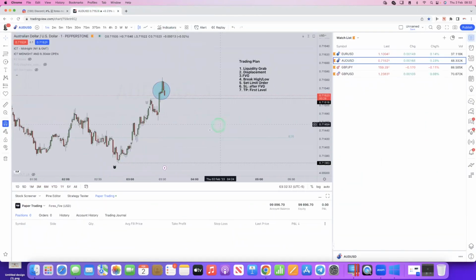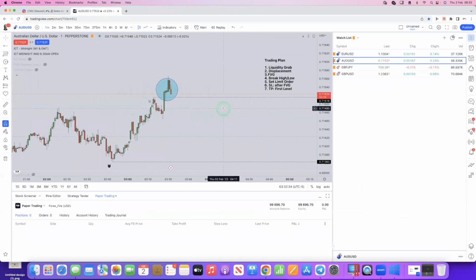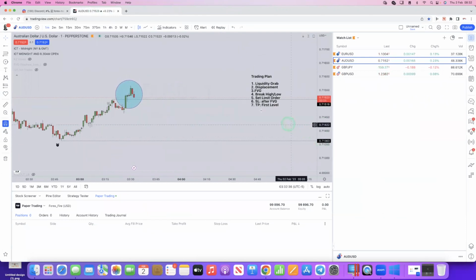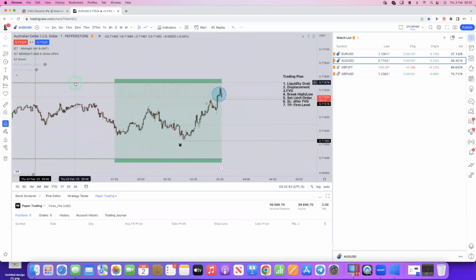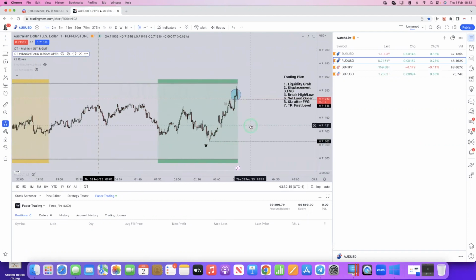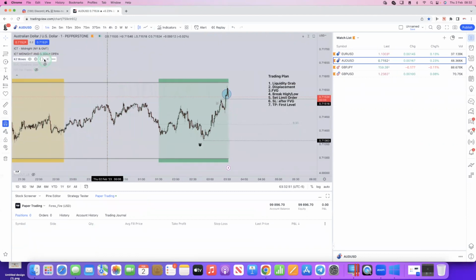So here we go. We've created a new high. Now starting to come down. I want to put my kill zone boxes in. Now the kill zone boxes seem to be playing up with that, to be fair. Fair value gap.